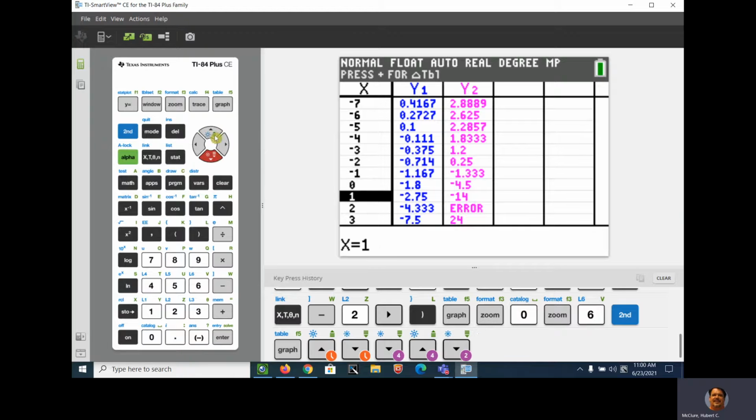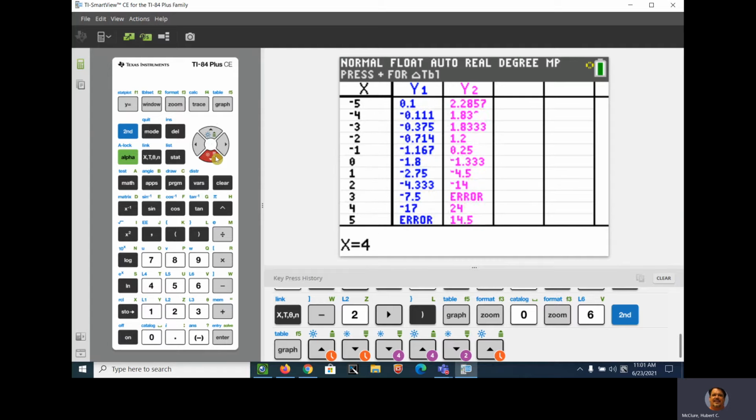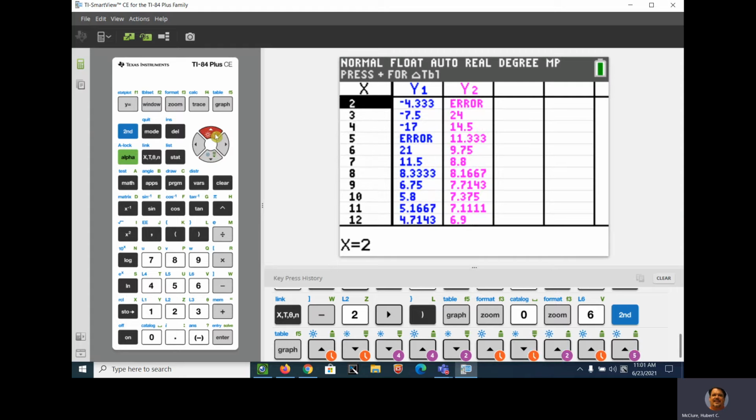1 is equal to negative 2.75. So if we go to negative 2.75 on this one right here, negative 2.75, well, let me go the other direction, sorry. I'm not going to be able to see it.